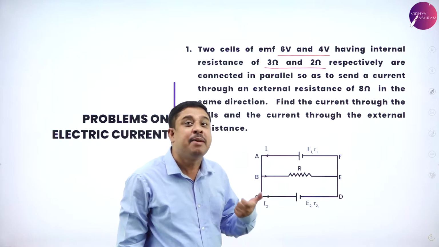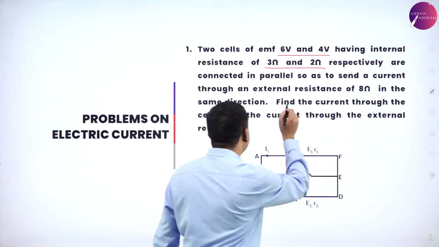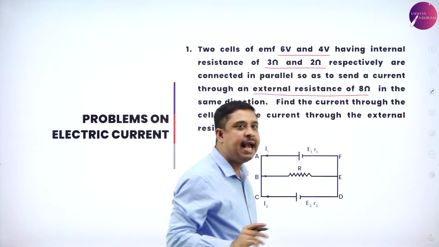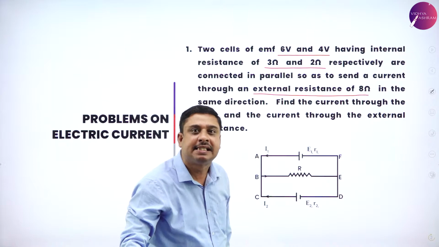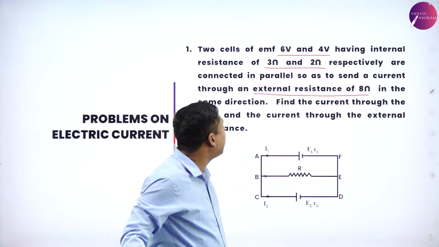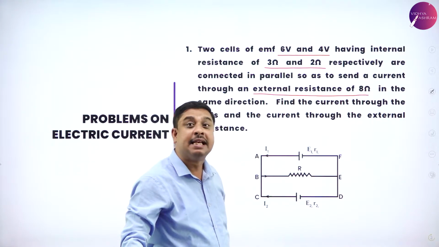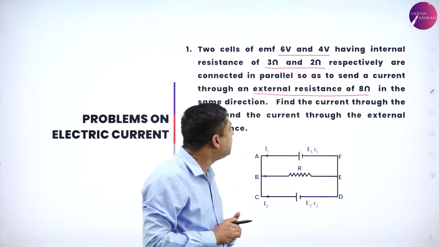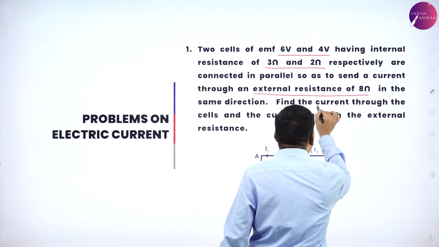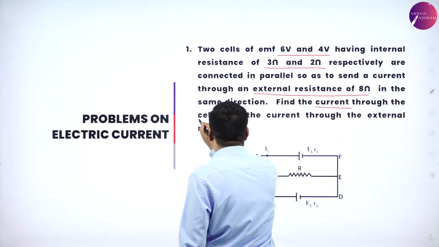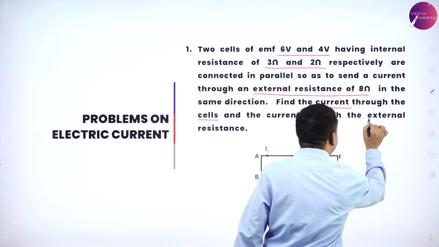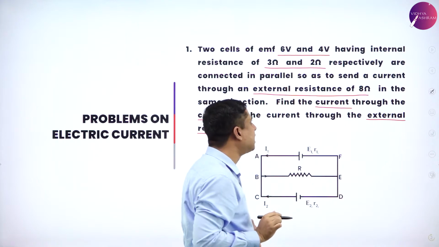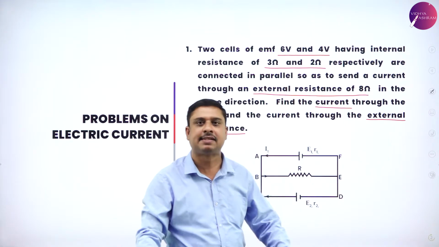They are connected in parallel across an external resistance of 8 ohms in the same direction. Find the current through the cells and current through the external resistance.